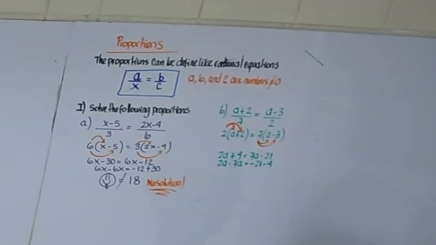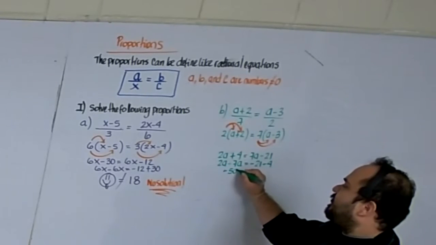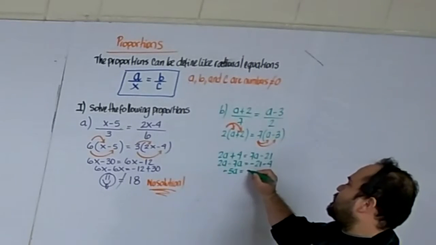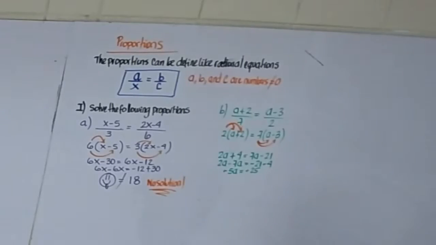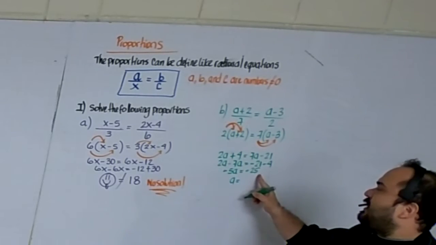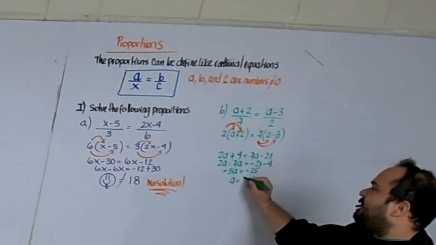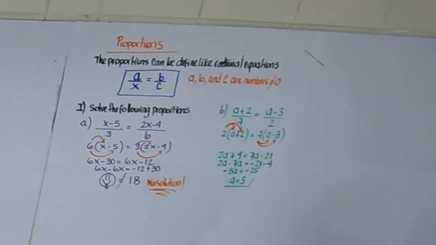And you know, 2A minus 7A will be negative 5A. And this is going to be negative 25. Because the number 5 is multiplying, it passes to divide, and negative 25 divided by negative 5, the answer will be 5, okay?